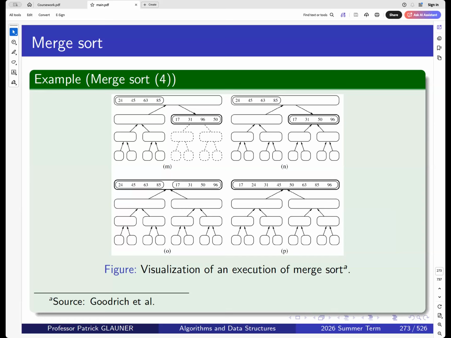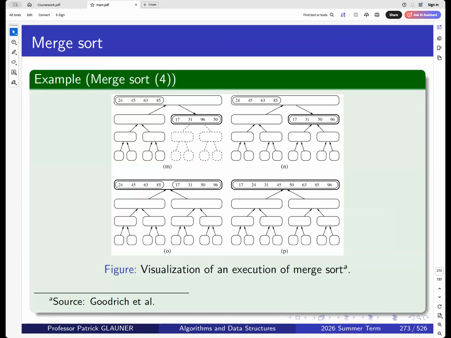Do you feel you got the concept of how this may work? We split and then we start merging single elements. Then we have something sorted and then we merge bigger sorted stuff. Maybe just confirm if you sort of got the idea of what this algorithm is supposed to do.